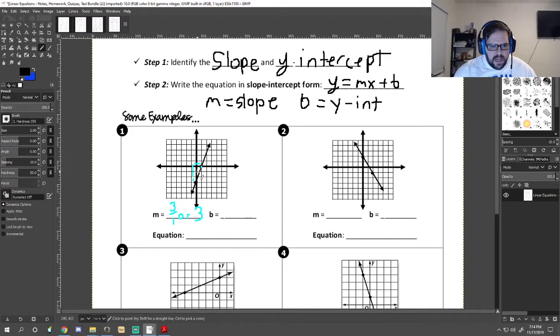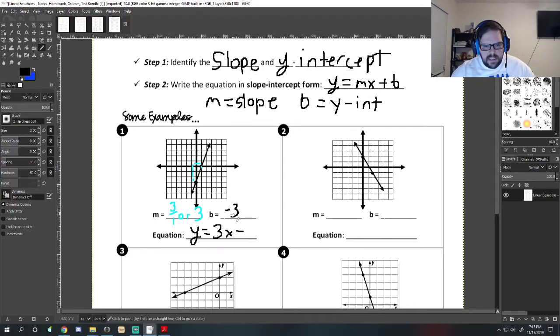And we just count -1, -2, -3. So our y-intercept is -3. The way we would write out this whole equation is y equals 3x minus, because it's a -3, minus 3. And that is our slope-intercept form with this graph.